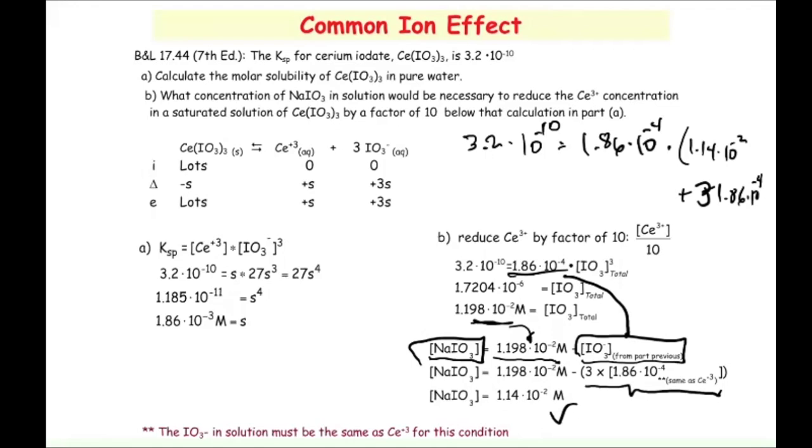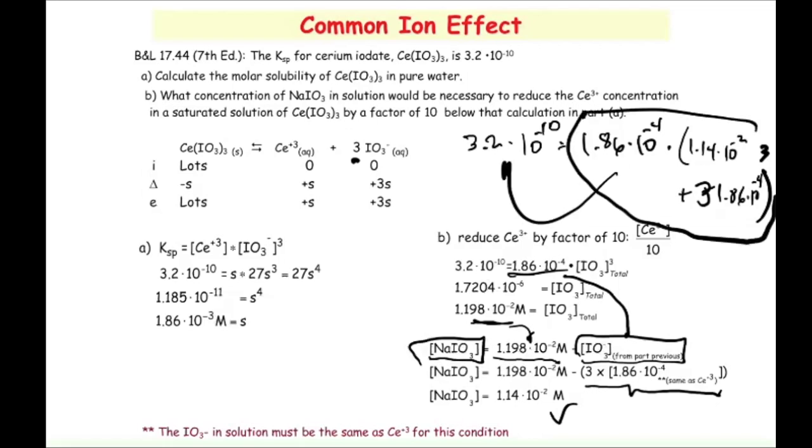Why 3 times? Because of that right there. And then we cube that. So if you solve this math, that is going to be equal to that. That's how you double check your work.